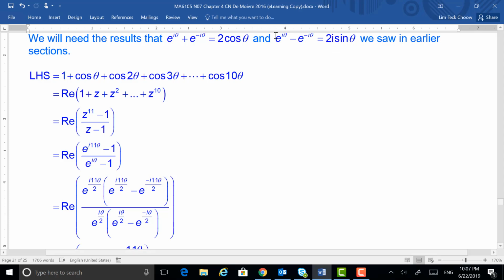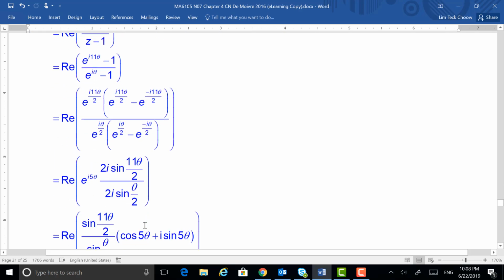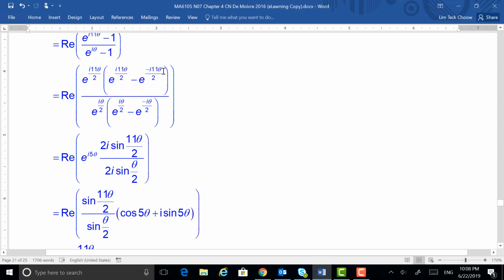Using this nice result, I can rewrite these two into something simpler. This portion here is expressed as this, and this portion here can be rewritten as 2i sine θ over 2. This expression comes about when we divide this by this. 11θ over 2, subtract θ over 2, you get actually 5θ.